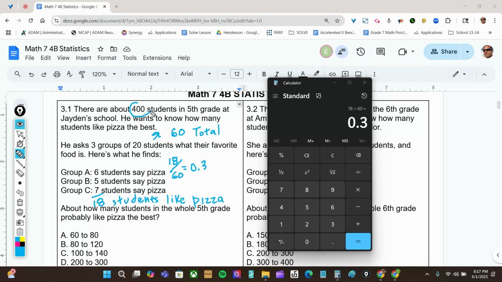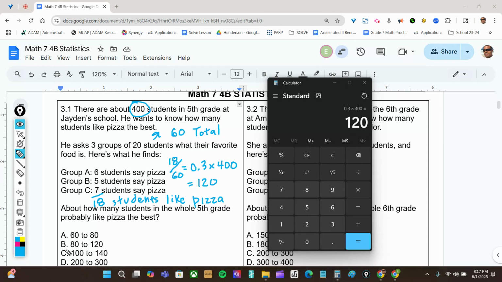Well, there's 400. So we're going to multiply this times 400. 30% of 400, 0.3 times 400 equals 120 possibly like pizza out of the whole 5th grade.